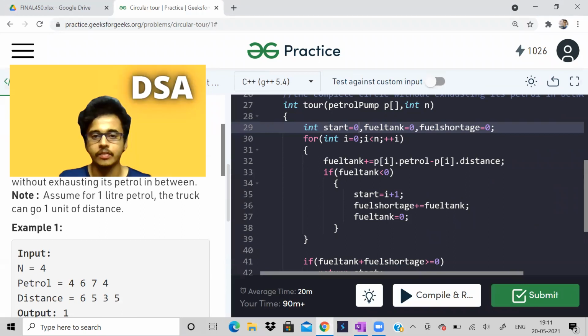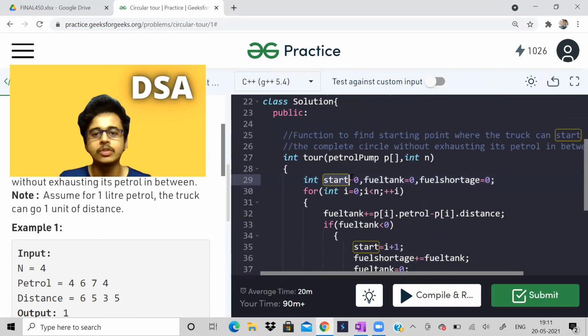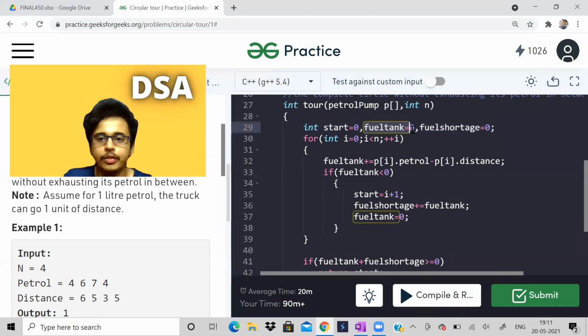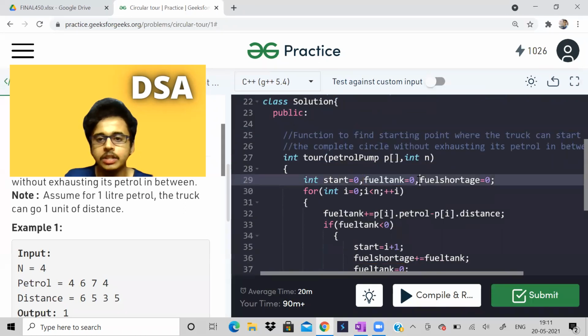So see, I initially assumed starting is 0. I have just assumed that starting is 0. Fuel tank initially has no fuel, so it is 0. And initially fuel shortage also is 0 only.